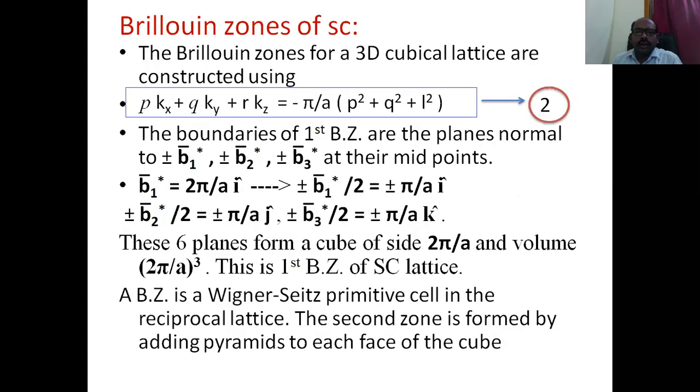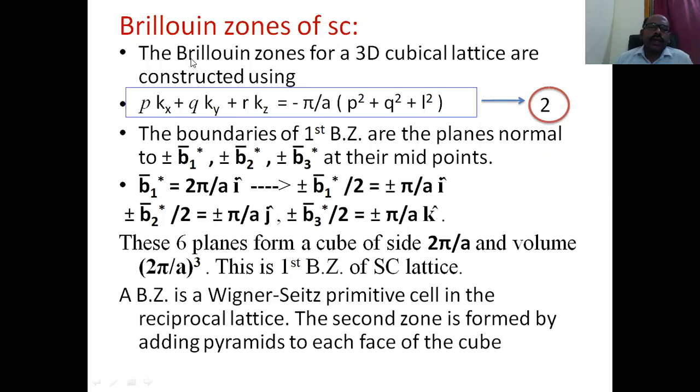Okay. Now we see the Brillouin zones of the simple cubic lattice. Earlier we have seen equation 1. Now we are extending the similar equation to this one.